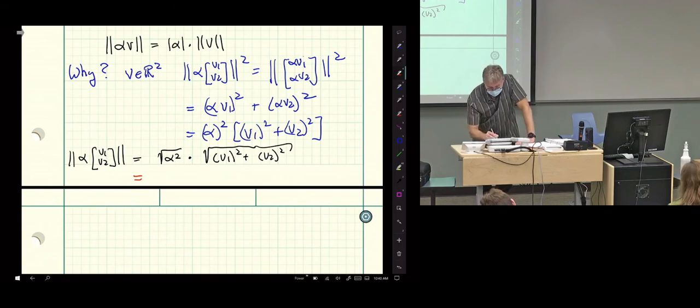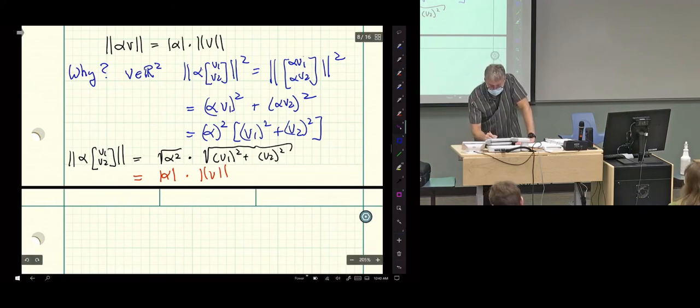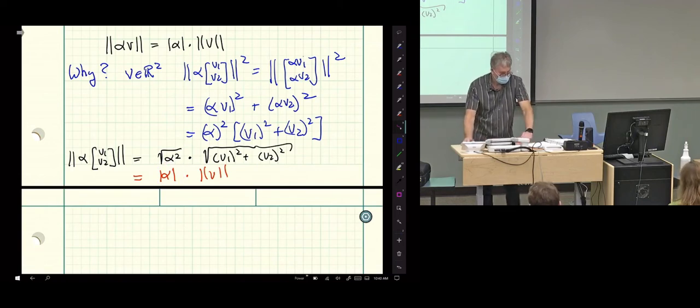But the key thing is the square root of alpha squared is always a positive number. Okay, so that's where the absolute value comes from. Alpha, even if it's -3, let's say, turns into -3 squared, which is 9, and you take its square root, you get +3, so it's the absolute value. Okay.